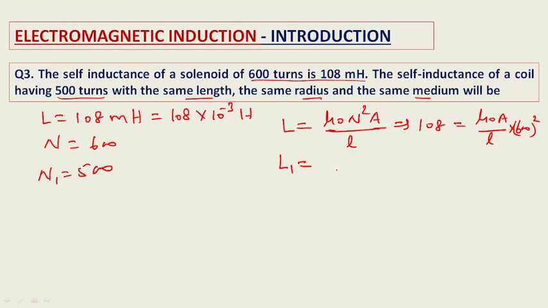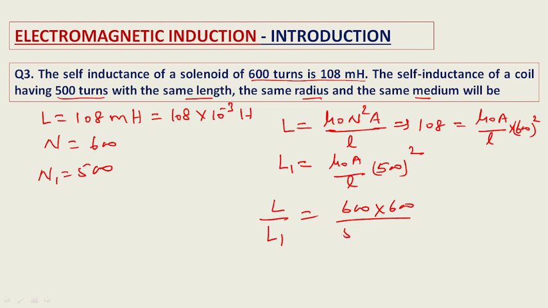In the other case, mu 0 A by l will be there, but n1 square, that is 500 square. Dividing these two, L by L1, mu 0 A by l in both will get cancelled, and it will be 600 into 600 by 500 into 500, all zeros will get cancelled, right? And in place of L we will put 108, so we can find out L1.